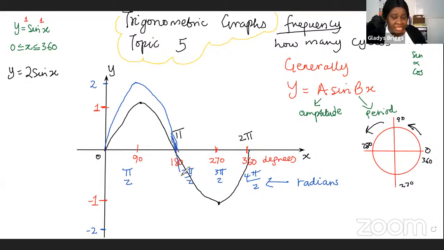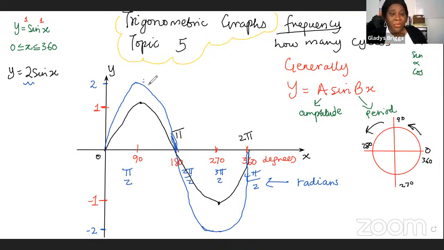And then it's stretching right down to negative 2 for 270 degrees, and coming back up to 360 degrees. So that's y is equal to 2 sine x. On top of the graph that you have just drawn for me, sketch the second graph. Sketch y is equal to 2 sine x.